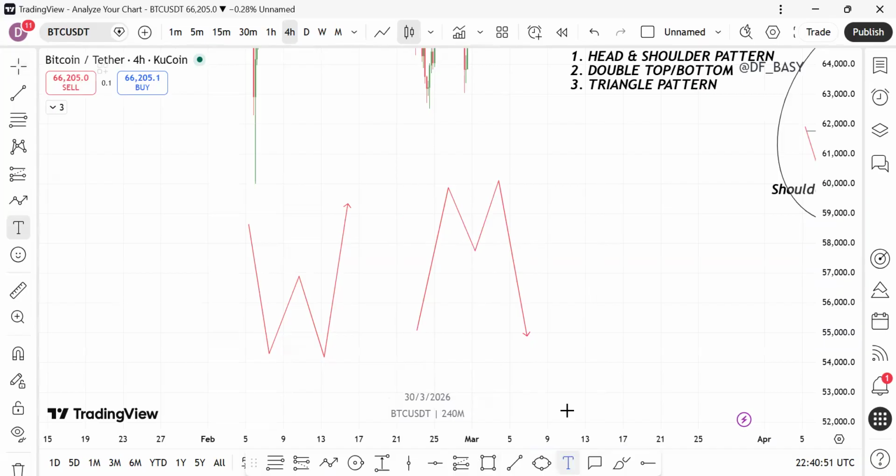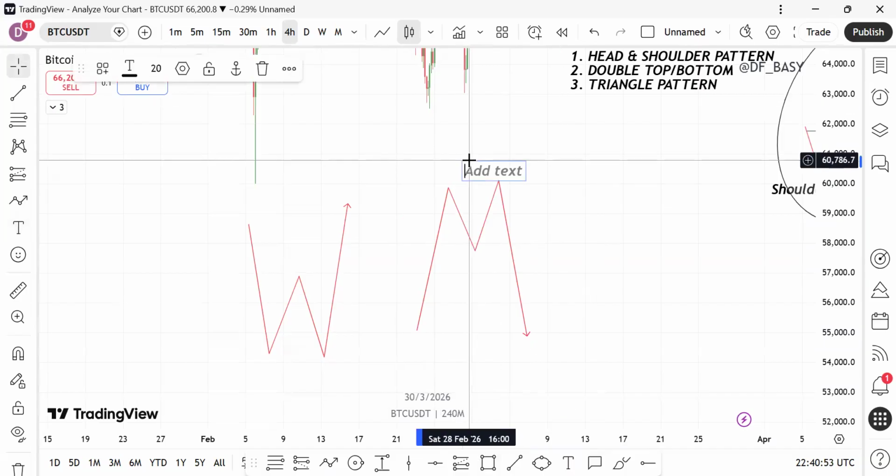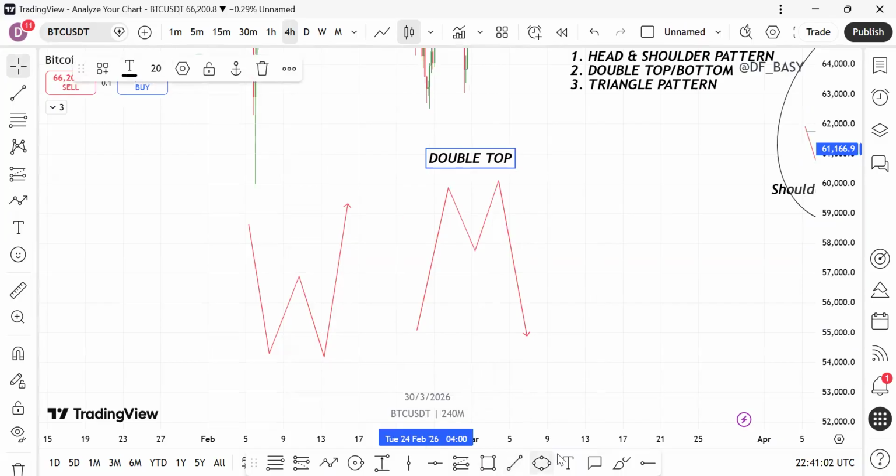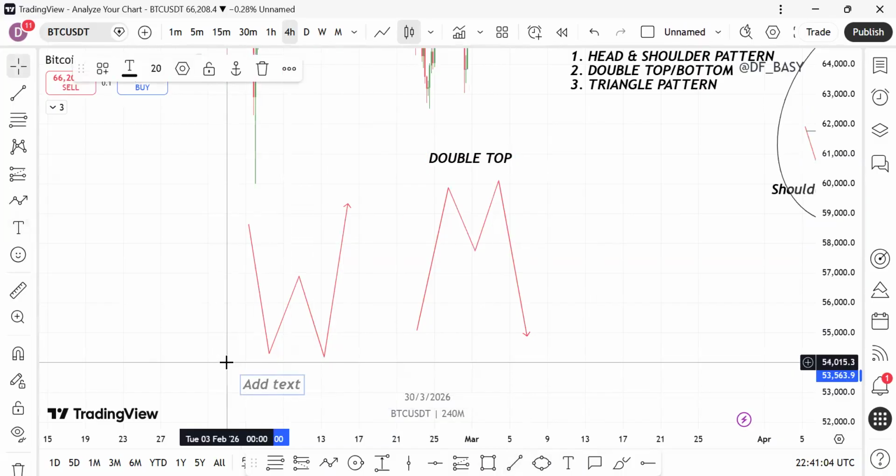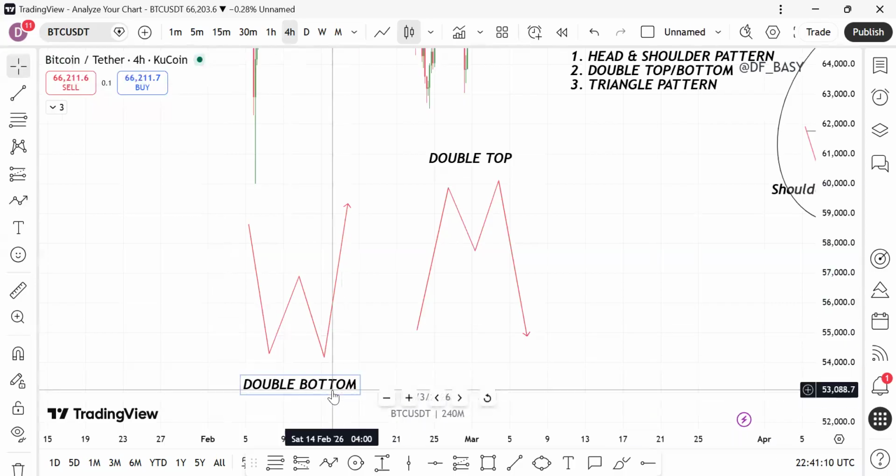So you have the top, this is the double top, then you have this to be our double bottom, right?